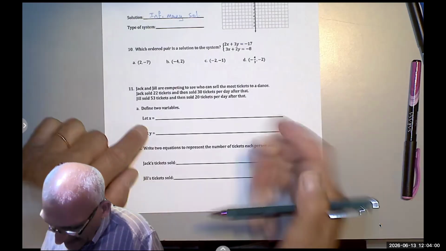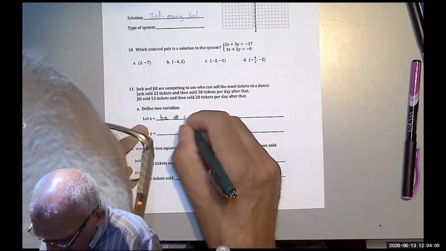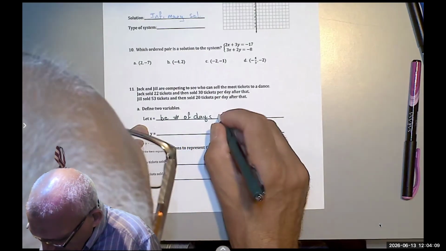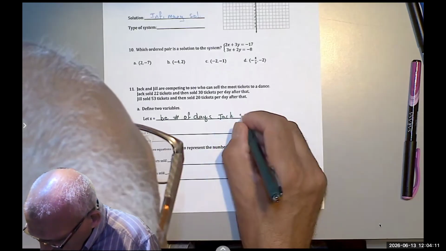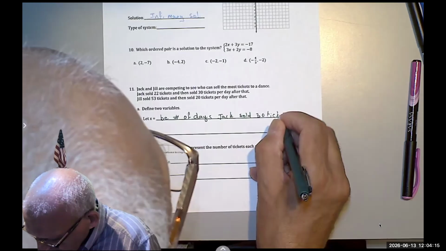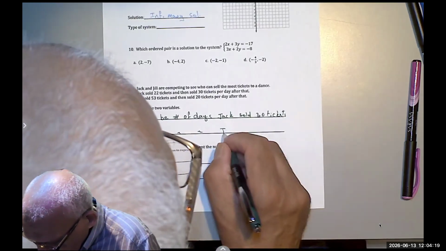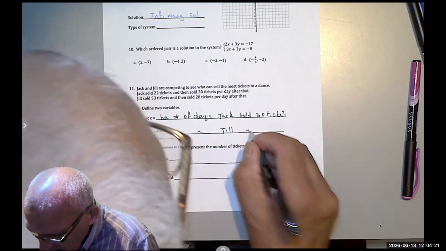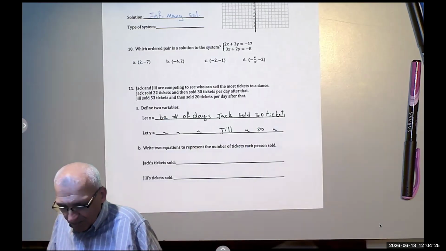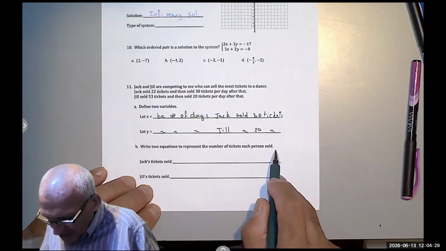Okay, so let x be the number of days in which Jack sold 30 tickets, and let y be the number of days Jill sold 20 tickets per day. Write two equations to represent the number of tickets each person sold.